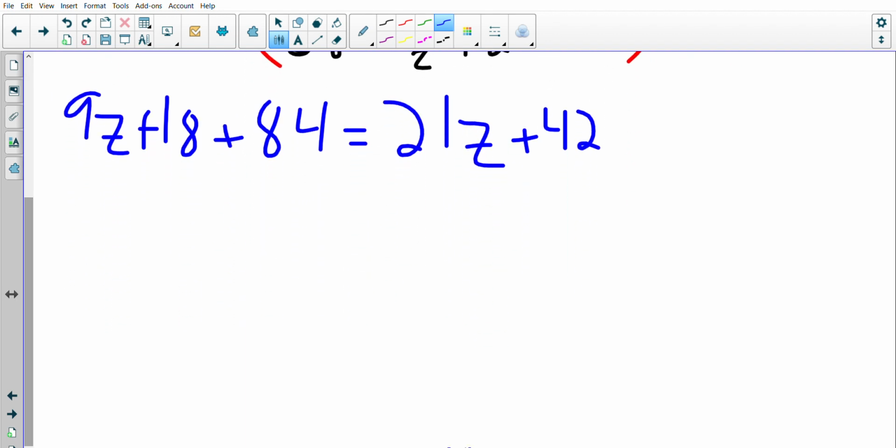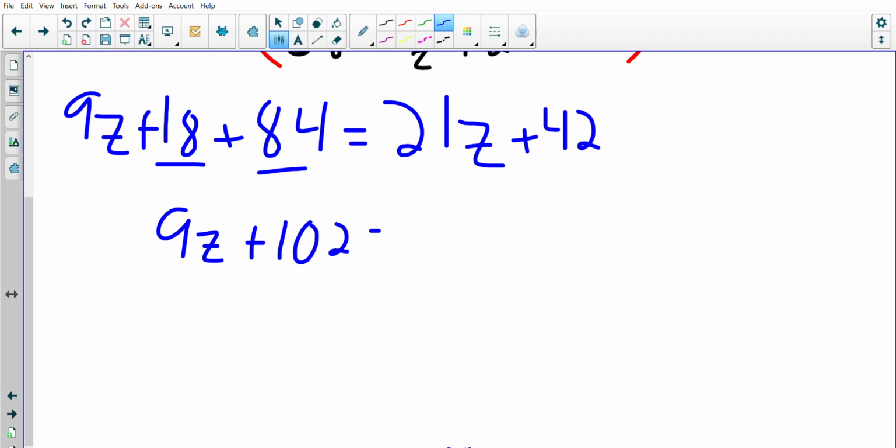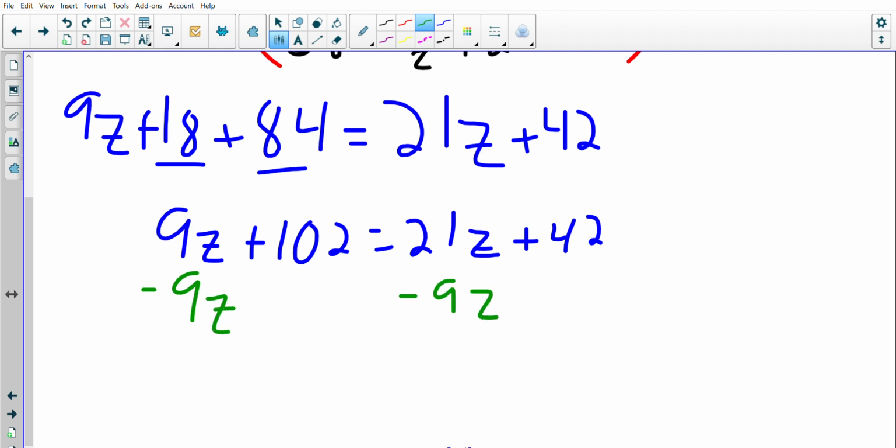And from there, now we just solve for z. So combine like terms, so we get 9z plus 102 is equal to 21z plus 42. And now we're just going to solve. So I'm going to subtract 9z from both sides, while also moving this 42 to isolate the variable.